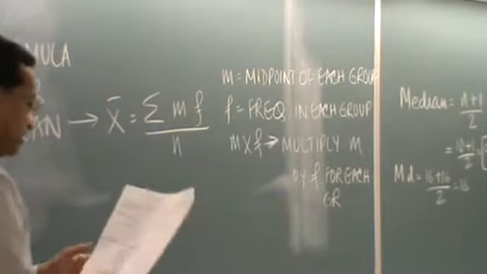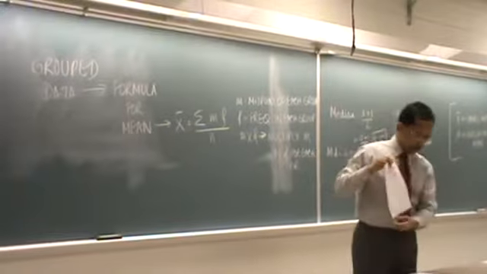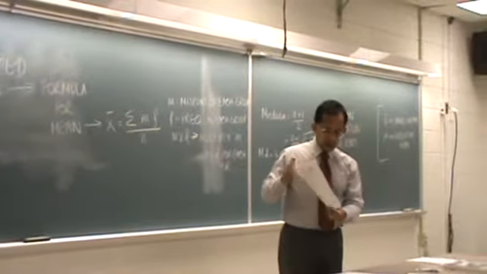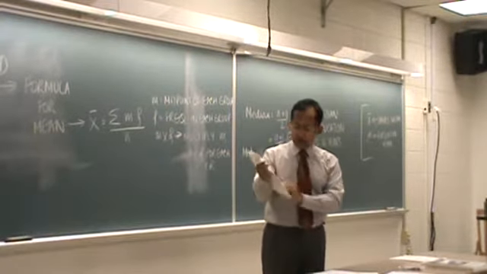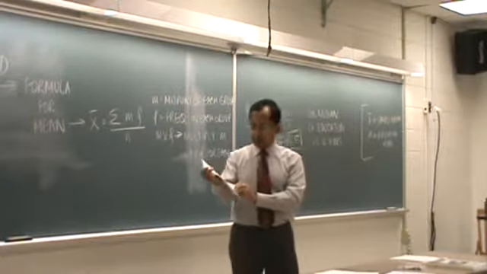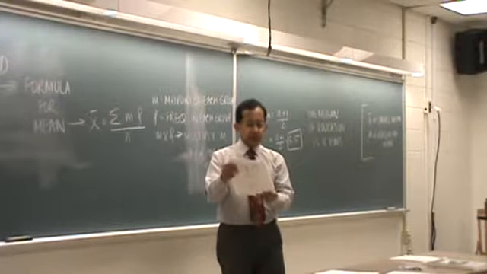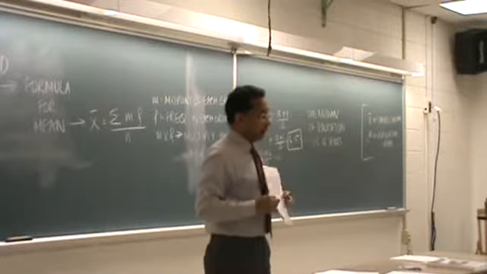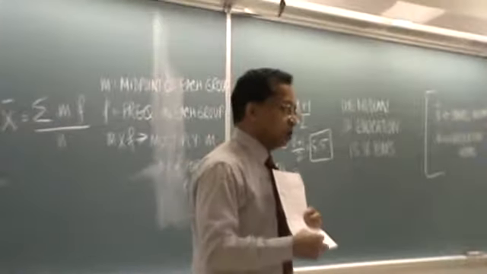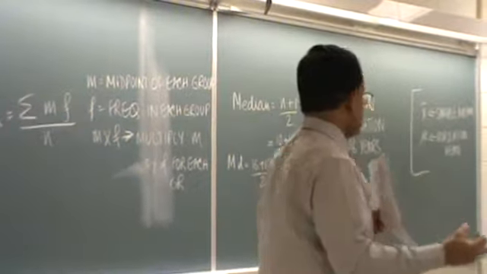So let's look at this example here, which I have done in this handout, and that's the last table. We have rate of violent crime for 50 US states, 1992. And always remember, when you are calculating these, you have to write these columns.